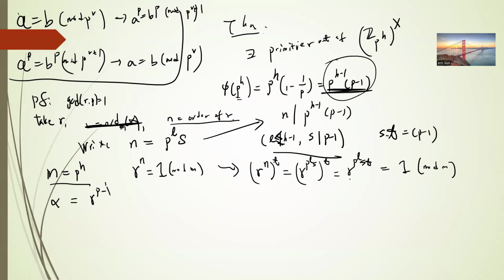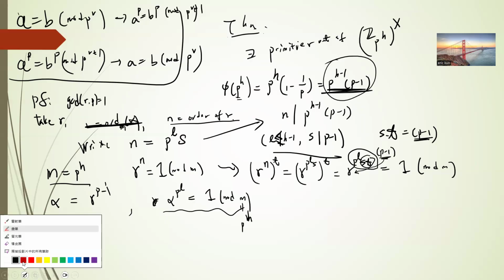Notice that if alpha is r^t, then alpha to the p^l is equal to 1 mod m, because this is r^(p^l s t), and t is p minus 1 over s. So I can absorb this into r, and I get alpha to the p^l, which is 1 mod p^h.